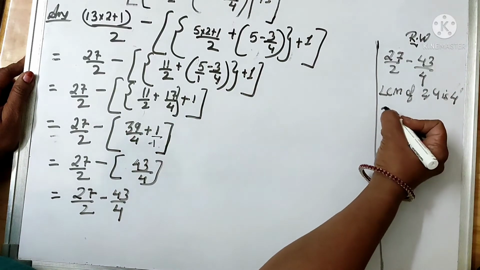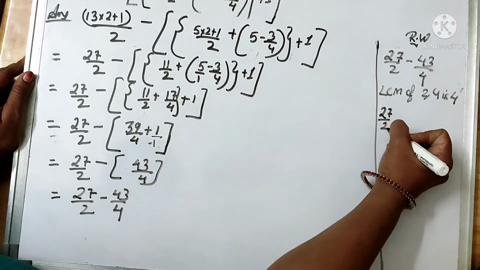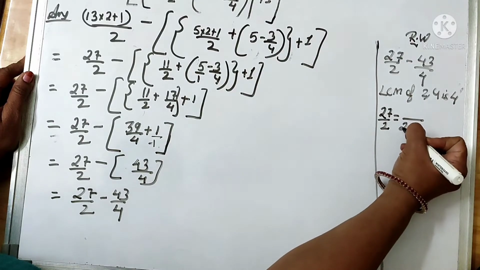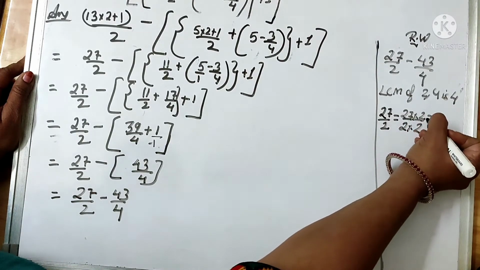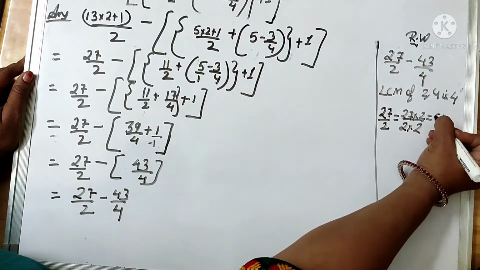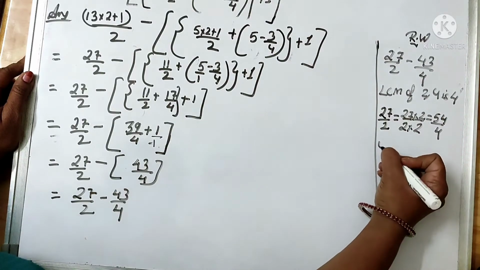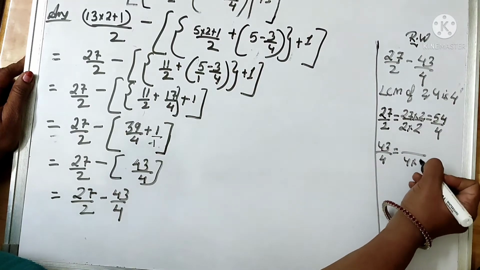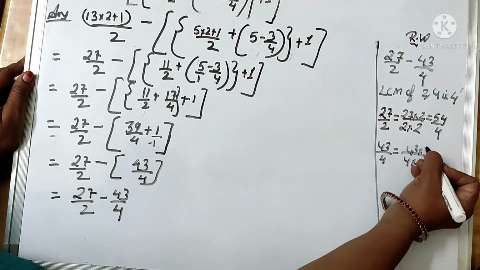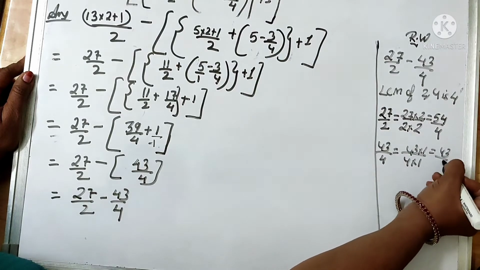Okay, now 27/2, if I have to make it 4, I will be multiplying by 2. So it comes out to be 54/4. Now 43/4 is there. Here I have to multiply by 1 only.